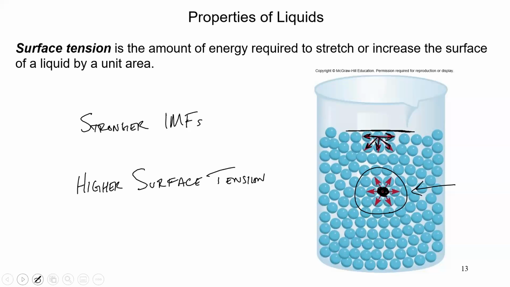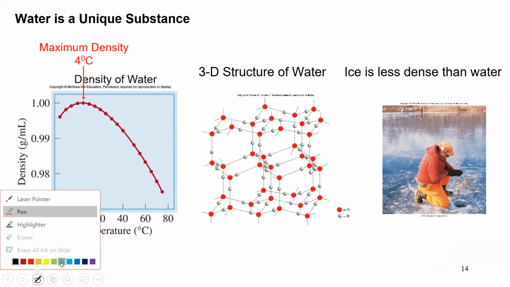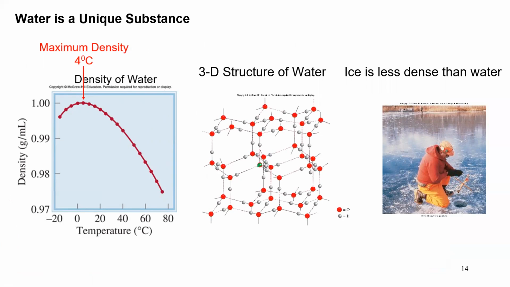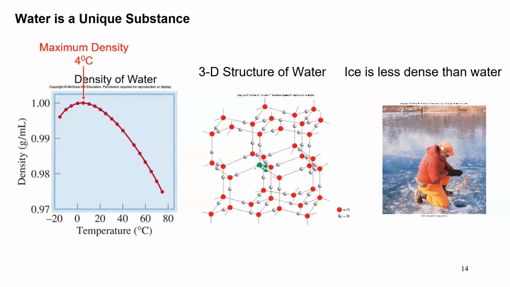Let me go to the next slide, actually. So water is sort of a special case. Water forms 4 hydrogen bonds. This is really hard to see in this diagram, but this water molecule here, I'm going to put him in sort of a green. This water molecule right there has 4 different hydrogen bonds that he's making.